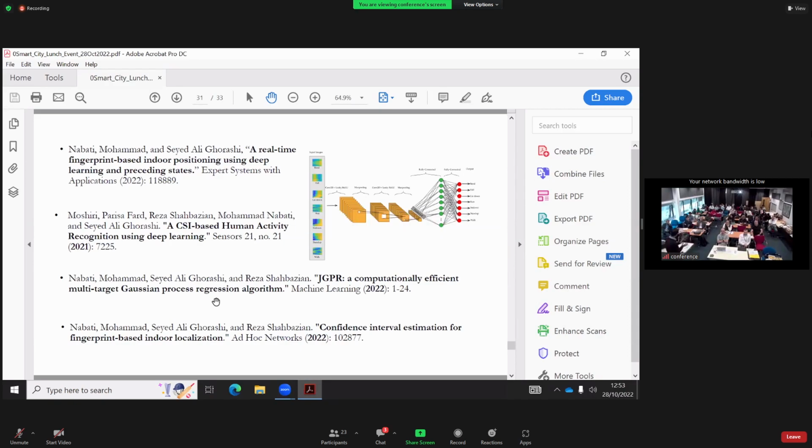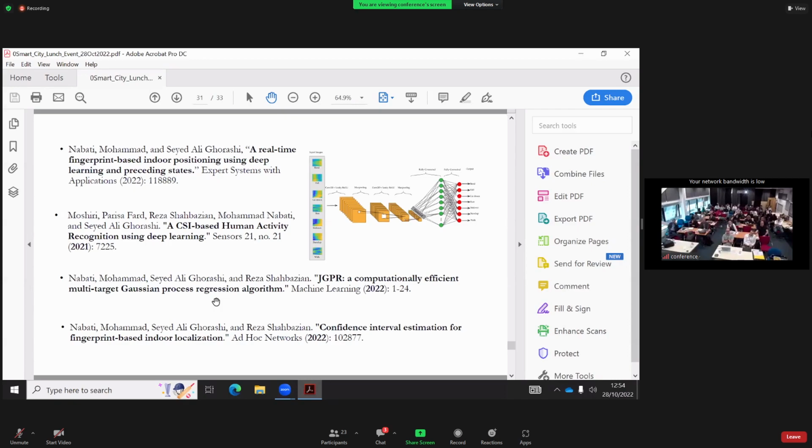So we moved the complexity of learning the behavior and statistics of the system to the offline part, and then tried to get a much faster online portion of the classification in our work. So we published it in Expert Systems with Applications in 2022.